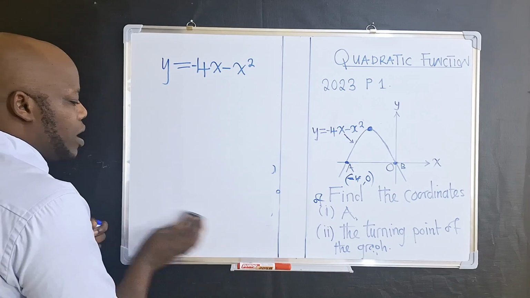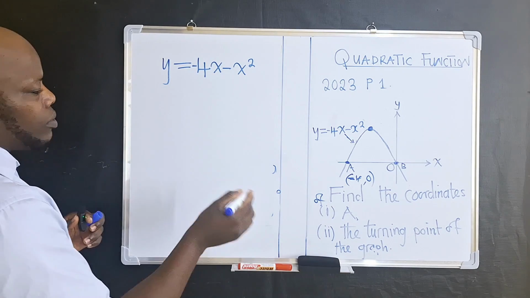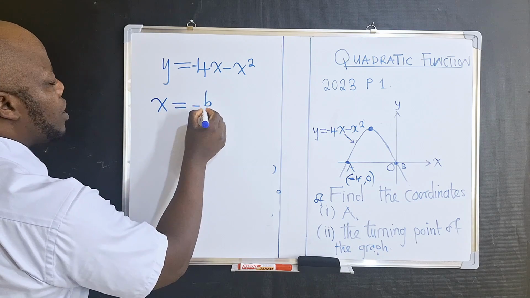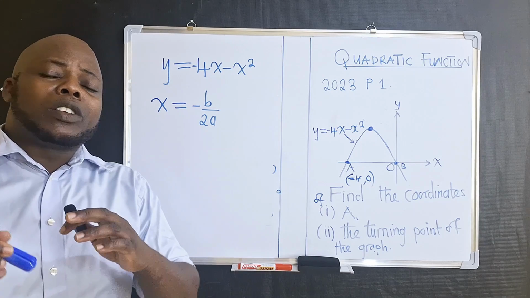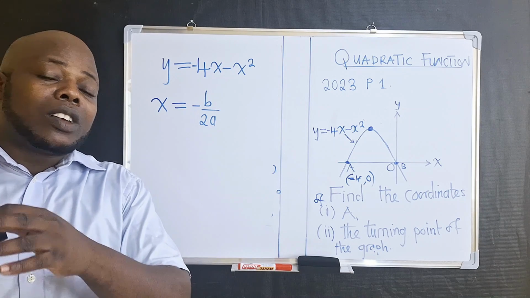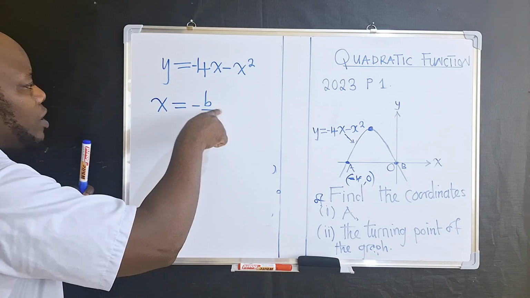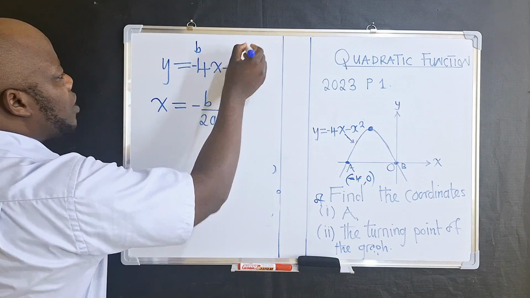So to find the coordinates of the turning point, we shall use the formula x is equal to negative b over 2a. This formula will just help us find the x value. For the y value, we'll come and calculate it. We know that this is our b and this is our a.